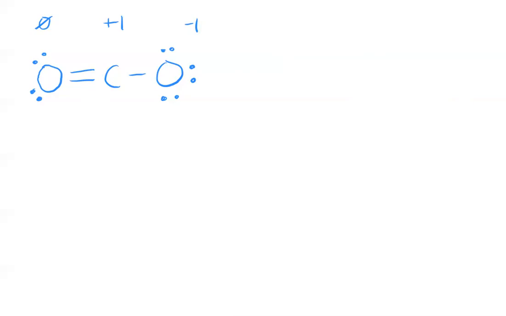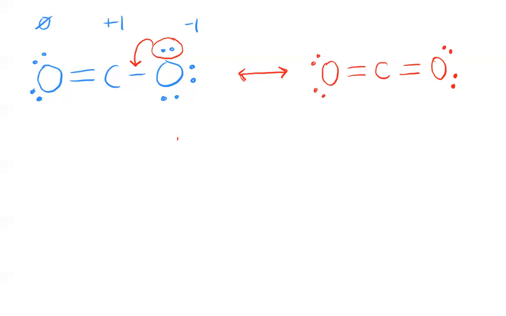So I'm going to draw a resonance arrow, which says, hey, I'm just moving electrons around, and I'm moving those electrons from the atom that has a negative formal charge towards one that has a positive formal charge. So my new structure looks like this. Again, my resonance arrow just says, hey, between structure A and structure B, we're just moving electrons.